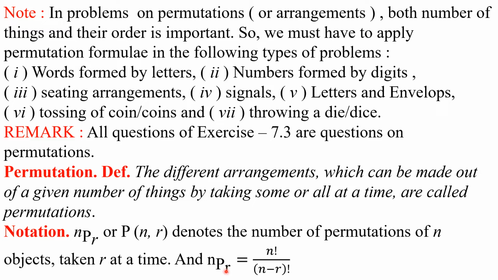And nPr, this is the formula. To find the value of nPr, what is the formula? n factorial by n minus r factorial. You have to remember this formula also. Here we have defined the value of nPr in terms of factorial notation. Okay, my children, right.